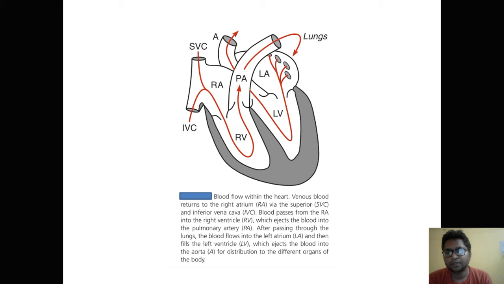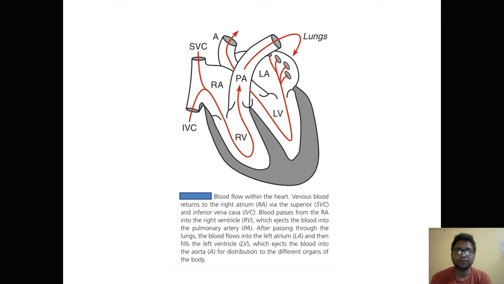The oxygenated blood is utilized by the cells and the blood becomes deoxygenated, and this deoxygenated blood is again received by the heart, and this heart sends the deoxygenated blood to the lungs where it gets oxygenated and again it is sent to the organs.